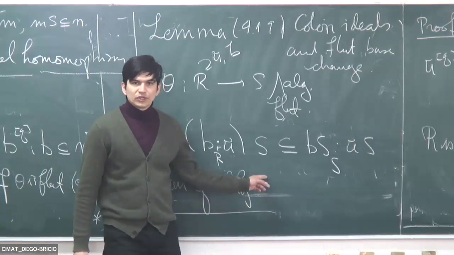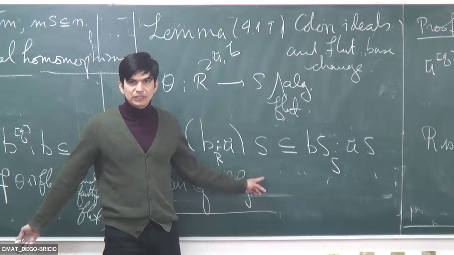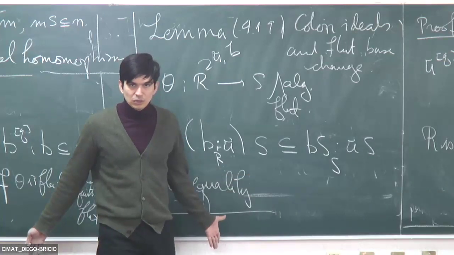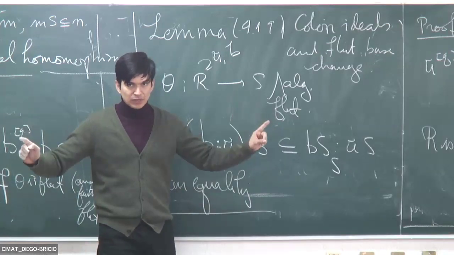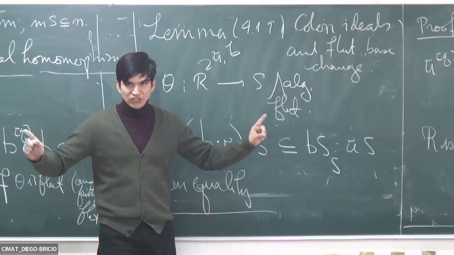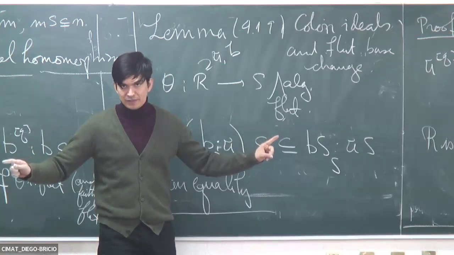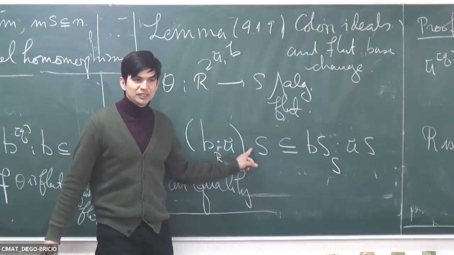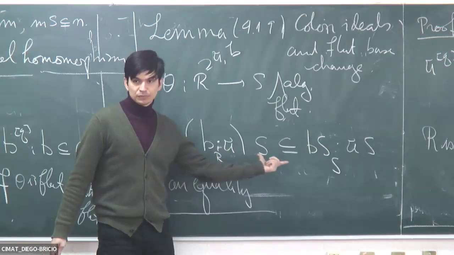And you may be wondering straight away, well, I'm claiming this has to do with colon ideals and base change. What is the base change, you may ask? Well, the point is that in a flat algebra, base change of ideals and extension of ideals are the exact same thing. So here, when I extend in a flat algebra, I'm base changing the colon ideal.